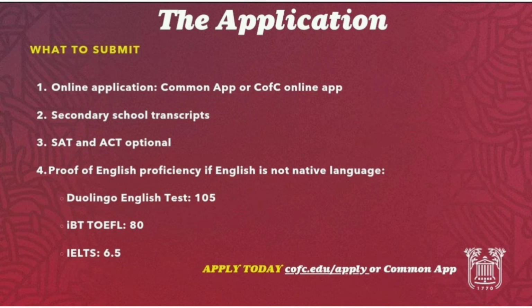And that is, of course, your personal data and information, and also two items that are rather unique to the US university application. And those are your extracurricular activities that you've done throughout high school, and also your personal essay.